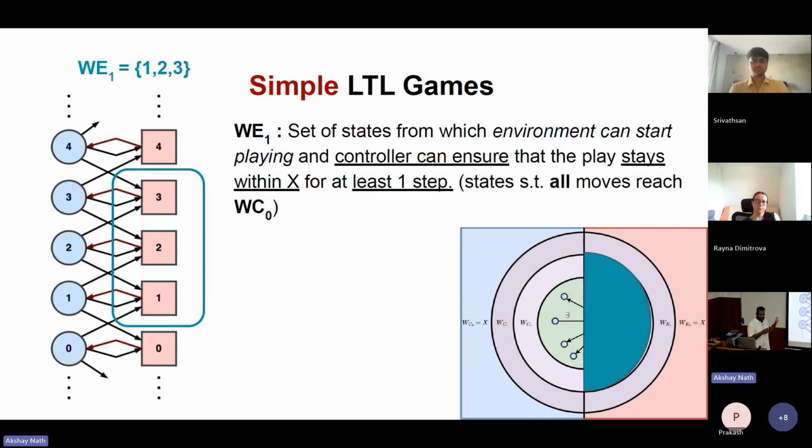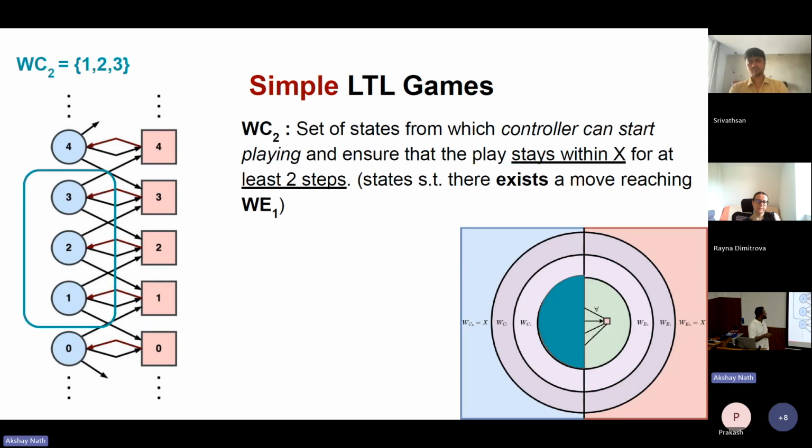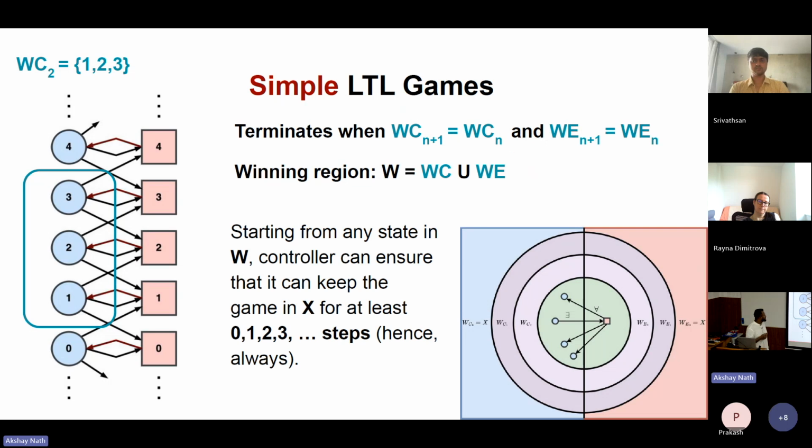I know you're not able to see a smaller set here, but in general this is a shrinking computation for an arbitrary game. After this we similarly compute the set of states from where the controller can start playing once again and ensure that the play stays within X for at least 2 steps. So you get a sequence of sets in this form, and we terminate when WC of n plus 1 is equal to WC of n, and WE of n plus 1 is equal to WE of n.